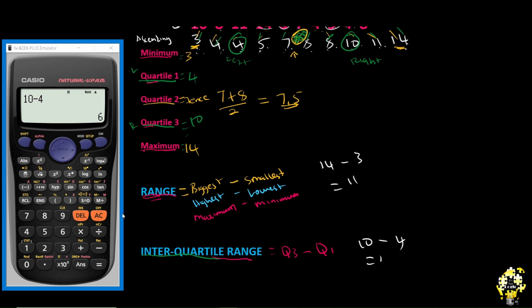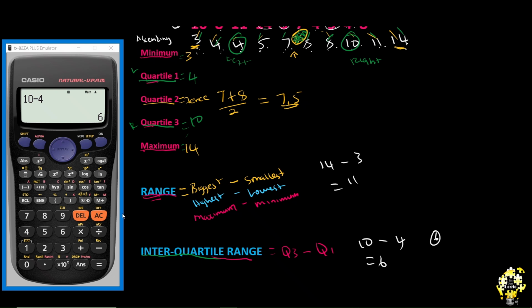We get a 6. Let me also clarify something that you might come across. If they just give you a data and the question says calculate interquartile range, this usually would be a 6-mark question. Sometimes it can be a 7-mark question. They just gave you a data and said calculate interquartile range.